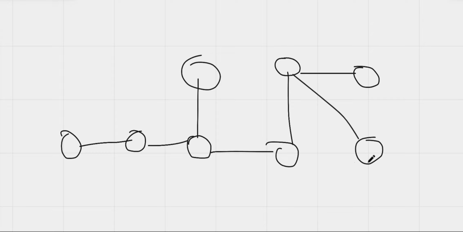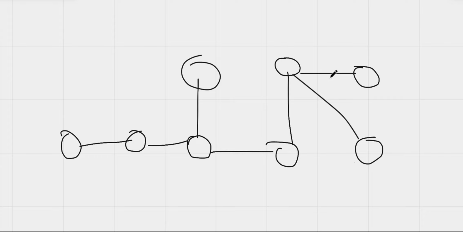So this does not look like a tree at all, but it is still by definition a tree because it has 8 nodes and 1, 2, 3, 4, 5, 6, 7 edges. And there's still only one path between any 2 nodes.